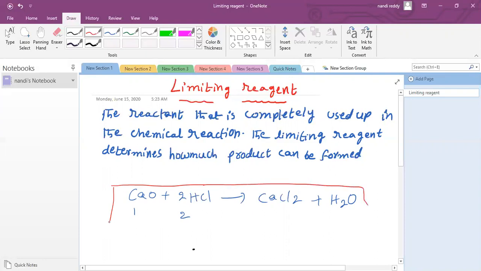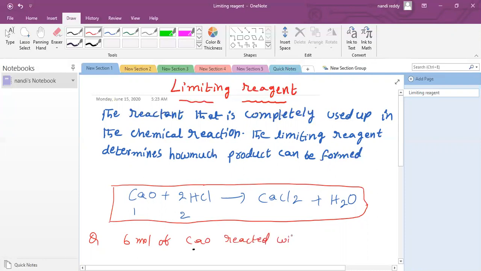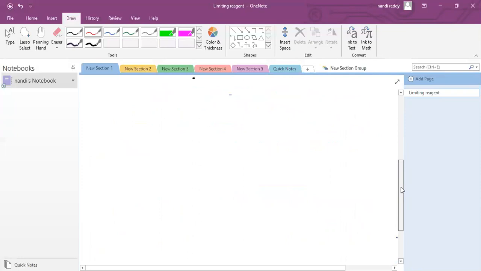Okay. For example, they gave one question here: 6 moles of CaO reacted with 10 moles of HCl at given conditions.